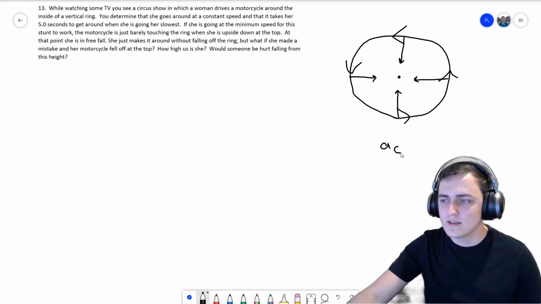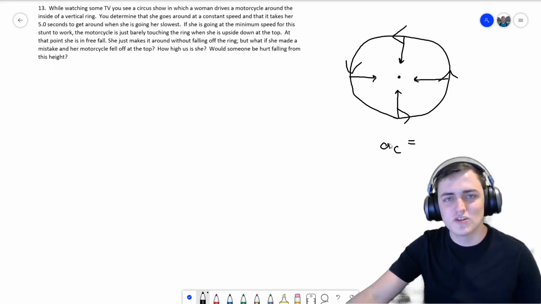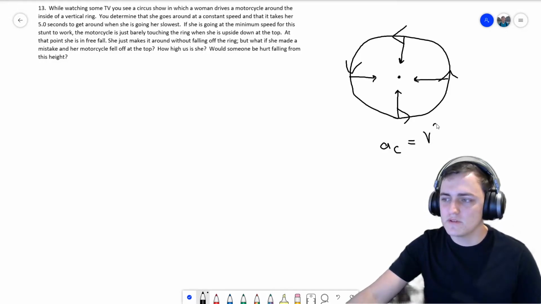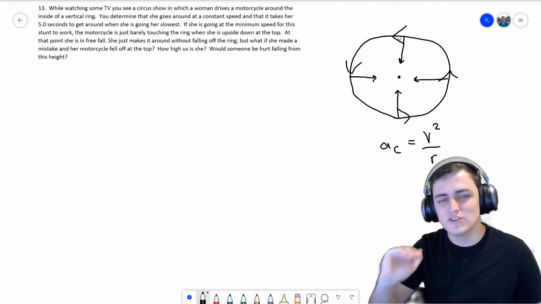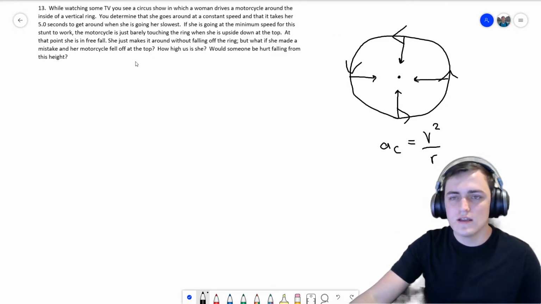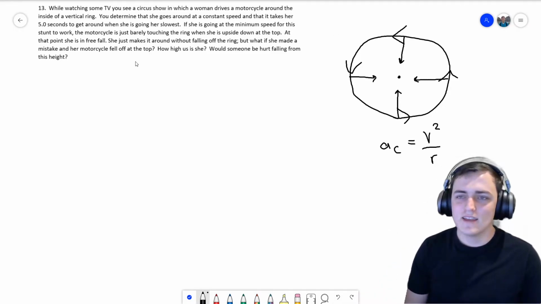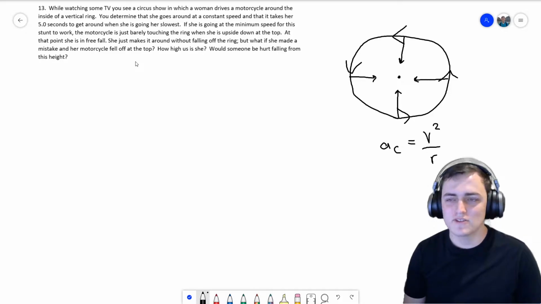And we know that acceleration sub c, which means centripetal acceleration, is equal to v squared over r, r being the radius of the circle, and v being that tangential velocity. In this problem, it says that it takes her 5 seconds to get around the circle when she travels her slowest possible speed.